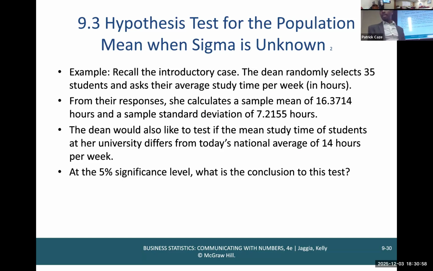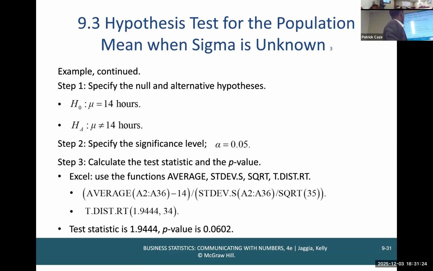We go to our t table, go down the left-hand side where it says degrees of freedom, and look for 34. Where 34 and 0.05 intersect will be our critical value, which happens to be 2.032 in this instance.